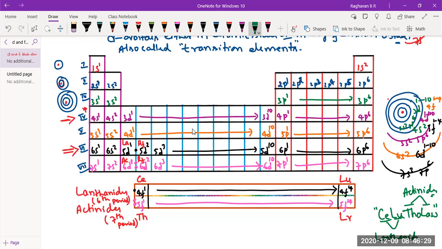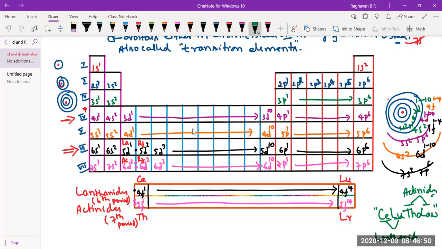So D block elements start with the fourth period, but how many periods are they spread into? 4 periods. In the fourth period, the D block elements with 3D 1 to 10 are called 3D series elements. Next 4D series, next 5D series, next 6D series.